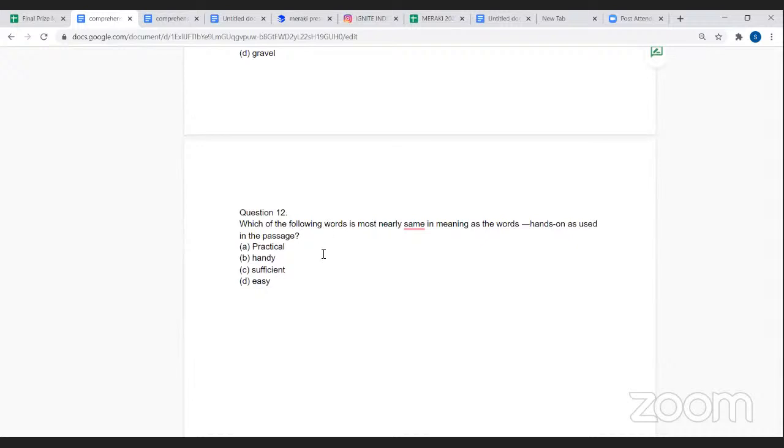Which of the following words is most nearly same in the meaning as the words hands-on as used in the passage? B. Handy. No. Practical. You say hands-on experience for practical experience.